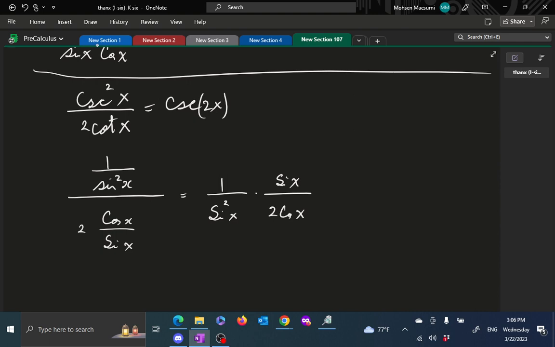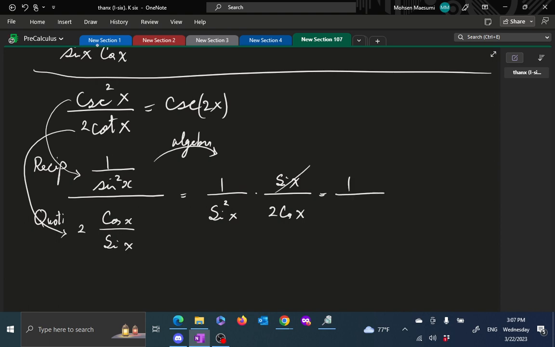So this is reciprocal identities. This is quotient identities. From here to here is just algebra. This is another piece of algebra. So 2 sine x cosine x.